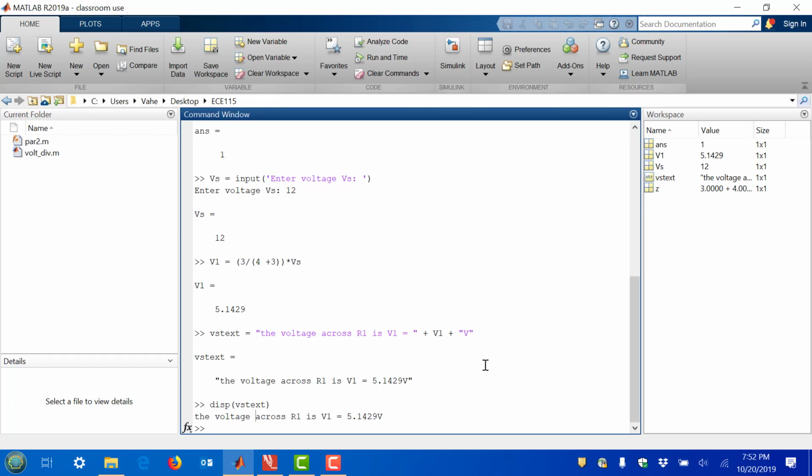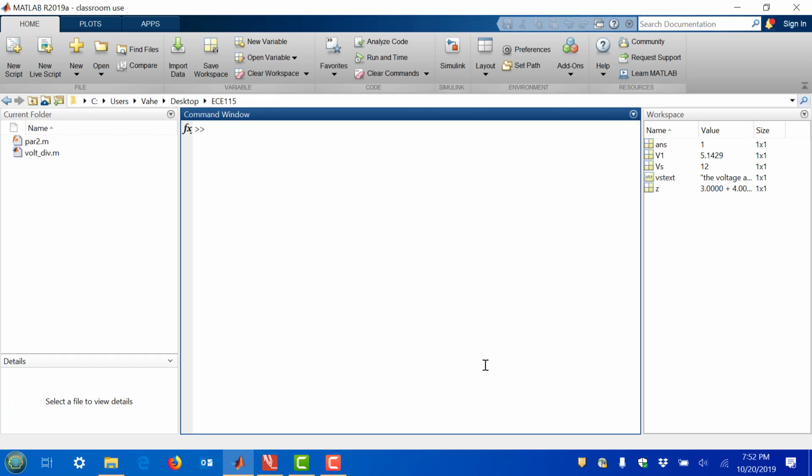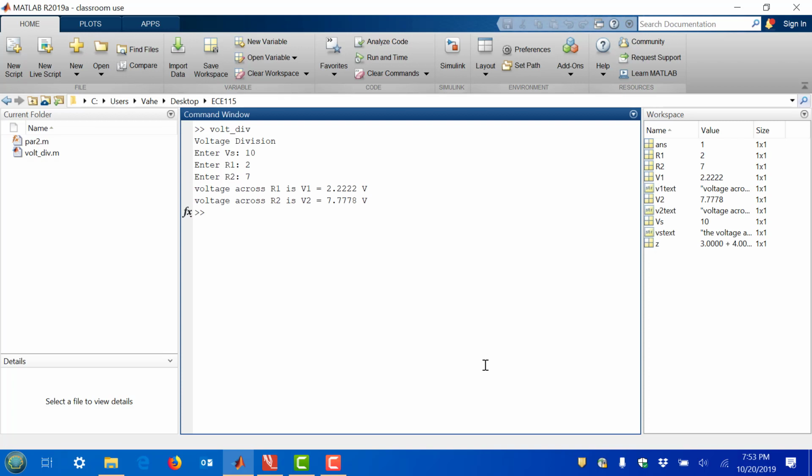So if you type volt_div, or whatever you call the program, and run it, it'll say voltage division, enter Vs. I put in a value, let's say 10 volts. R1, 2 ohms. R2, 7 ohms. And those are the V1 and V2 values.